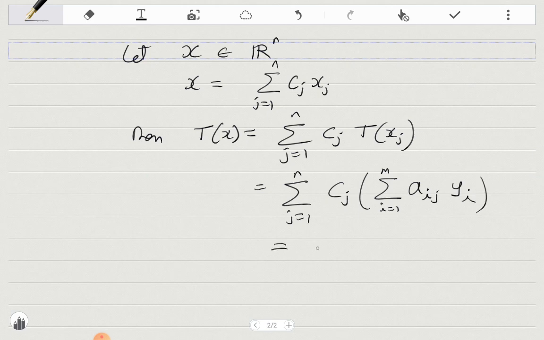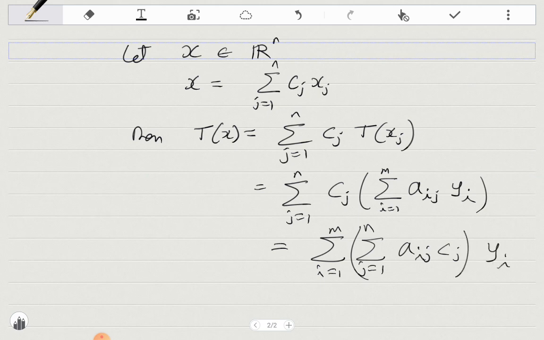And I can write this as a double sum, i equals 1 to m, j equals 1 to n. I interchange the orders, and this would be aij cj, and then yi.